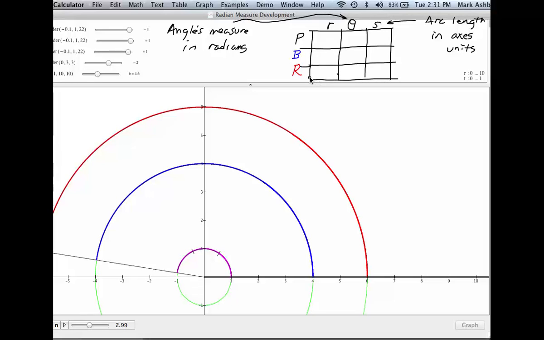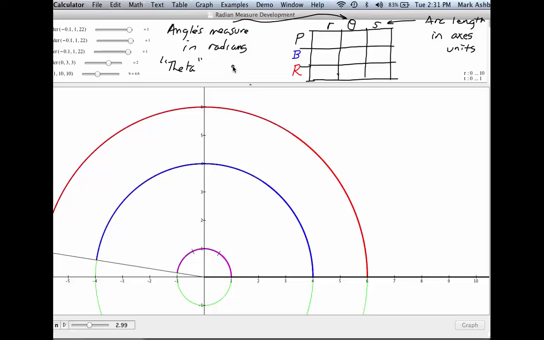Is the task clear? So let's make sure we know. R is the radius of the circle that you're talking about. Theta, that is Greek theta, stands for the angle's measure in radians, the openness in radians, which we just talked about.